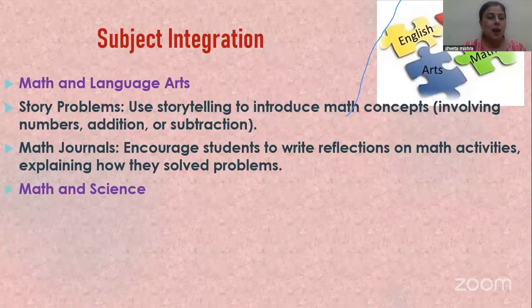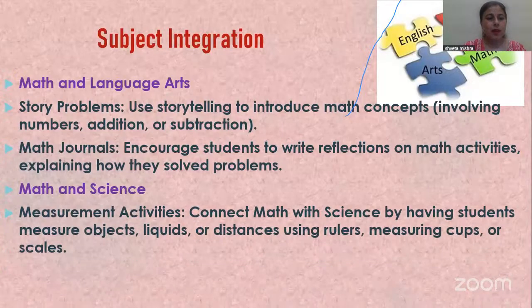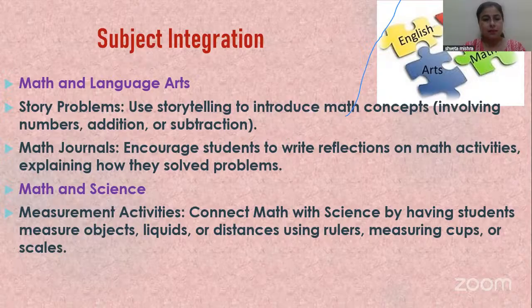Then let us see how maths and science can be integrated. Measurement activities. Connect maths with science by letting the students measure objects, liquids, and distances, and they can use tools like rulers, measuring tapes, or scales wherever and howsoever it is applicable.